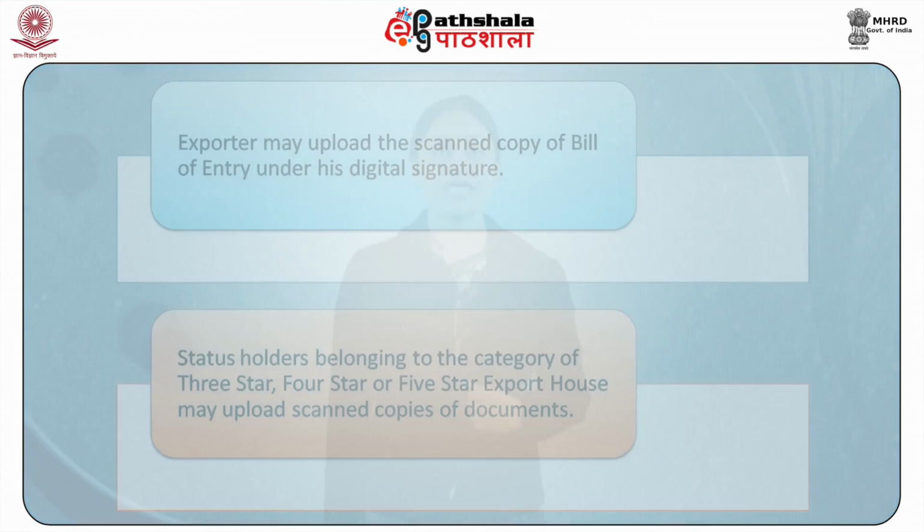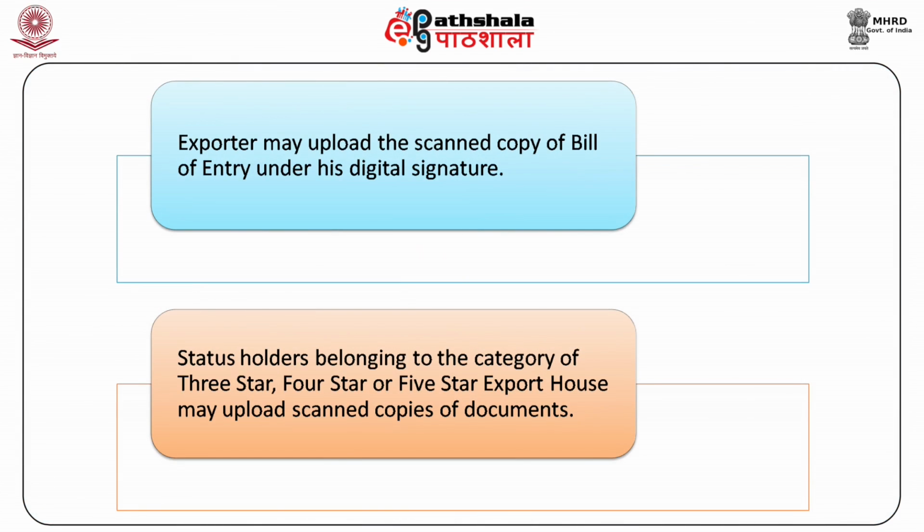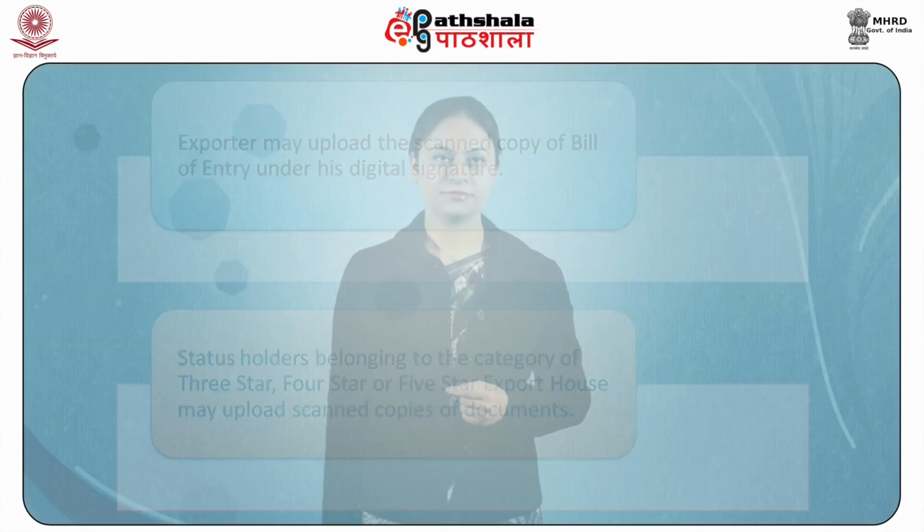Landing documents of the export consignment as proofs for the notified market can be digitally uploaded in the following manner. Exporters may upload the scanned copy of bill of entry under his digital signature. Status holders belonging to the category of 3-star, 4-star or 5-star export house may upload scanned copies of the documents.